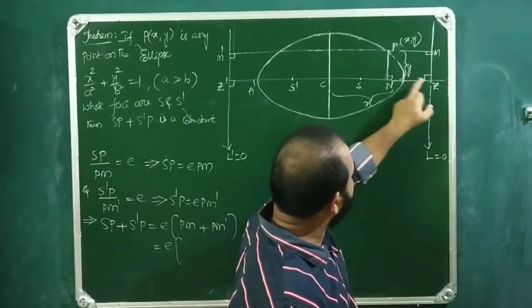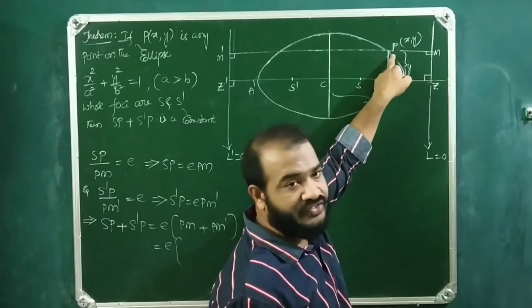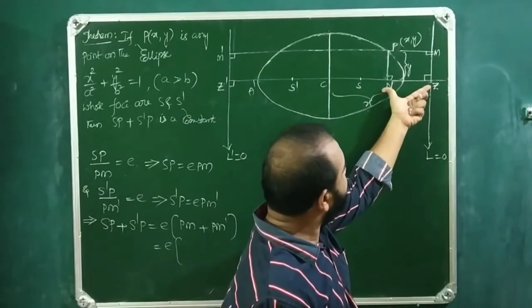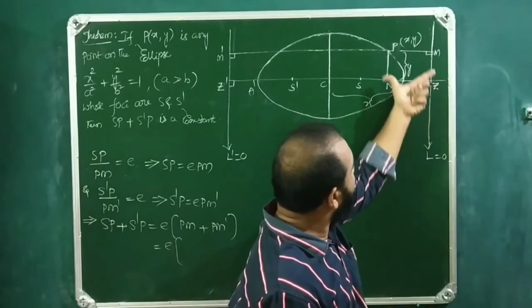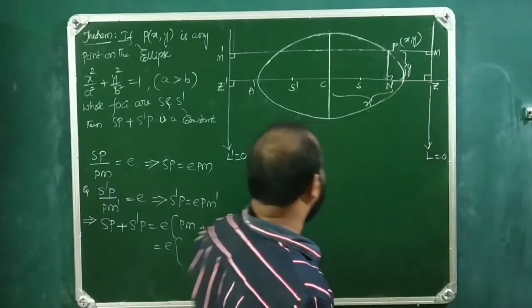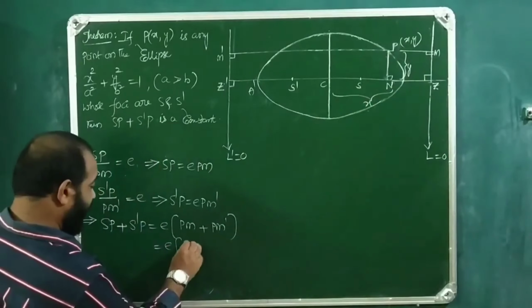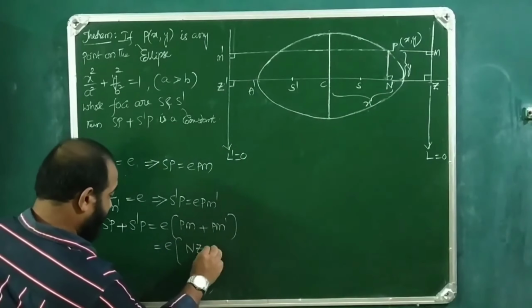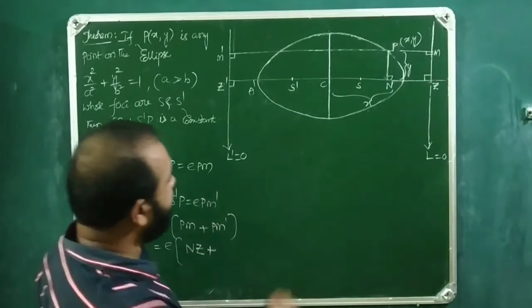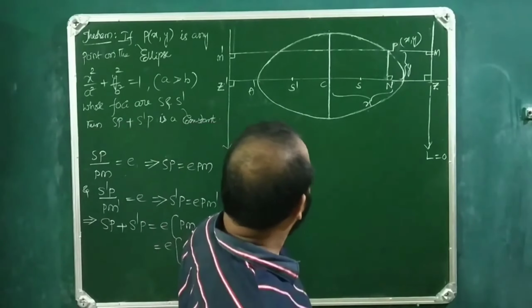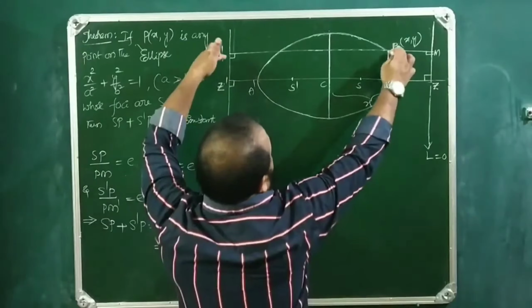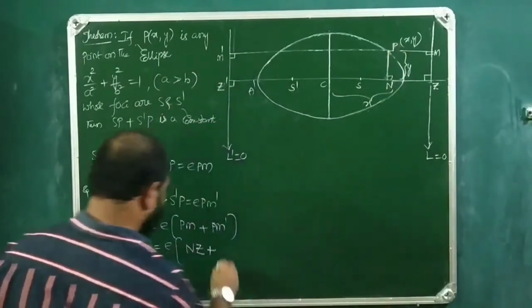Therefore this is 90, this is 90, this is 90, obviously this is 90. So opposite sides are equal. So NZ and PM are equal. Therefore PM plus PM dash can be written as NZ plus NZ dash.